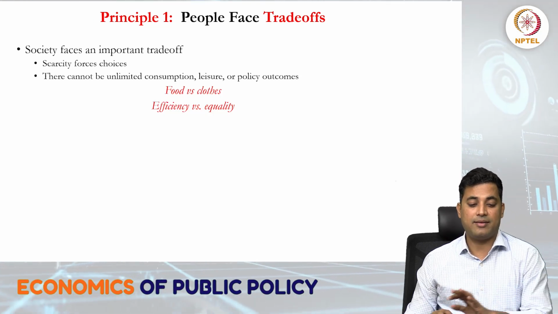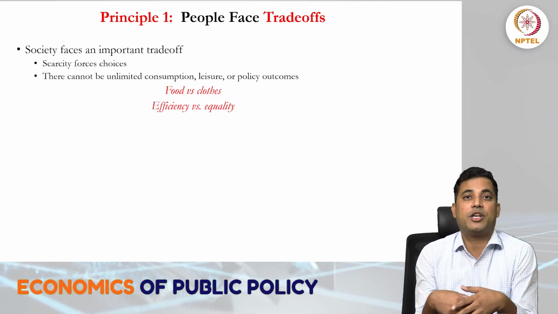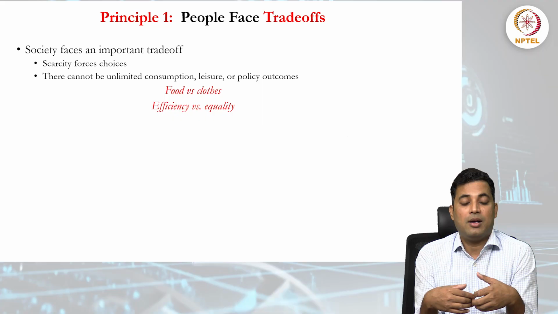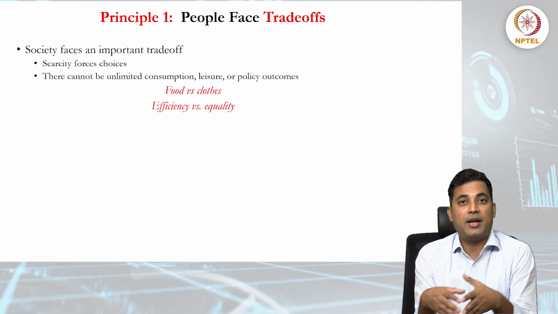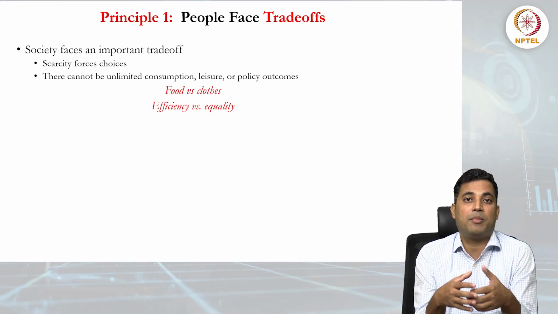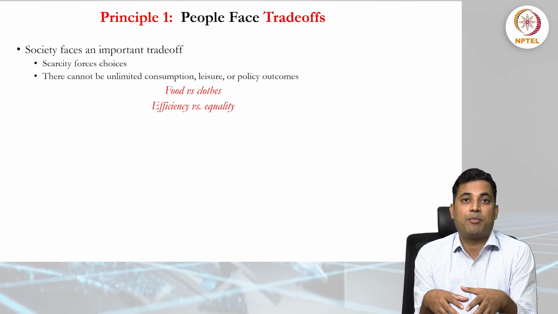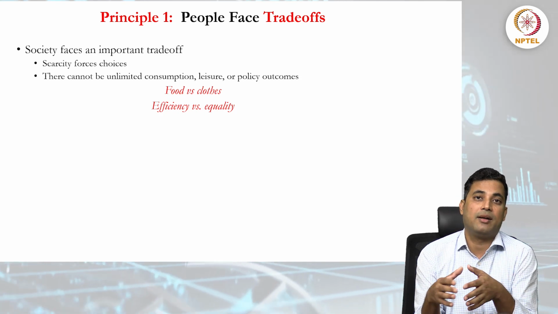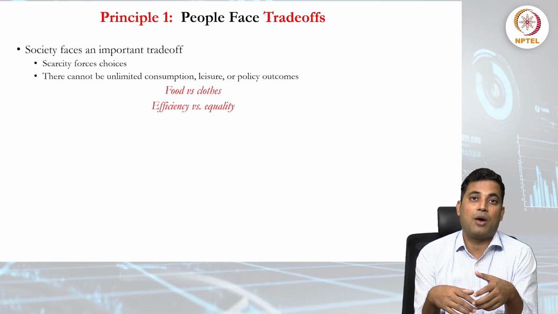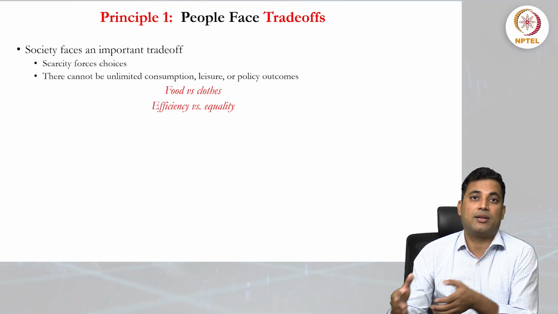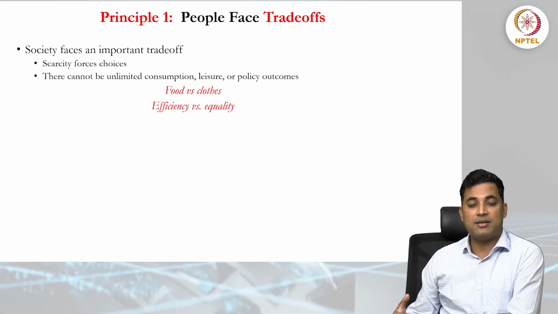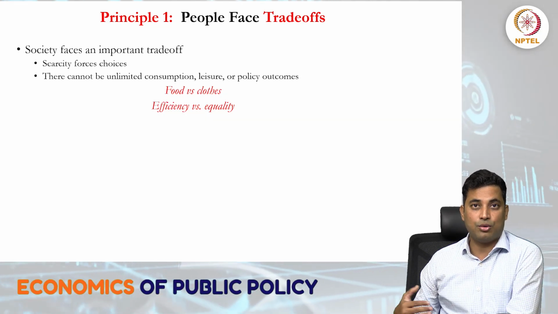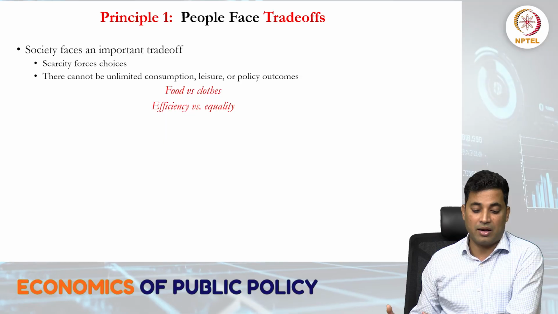So when we talk about the trade-off, policy makers have to think very carefully about which particular part of the policy needs to be given to a particular region, and how to allocate the resources to the other part of the region. That is basically the trade-off decision that government or policy makers, through various participations, have to take.